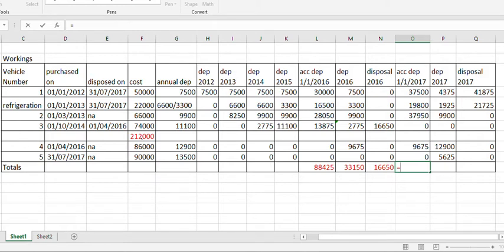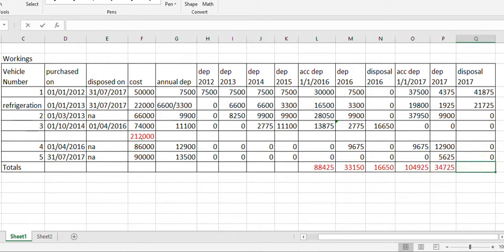The accumulated depreciation at the beginning of 2017 will be this figure here, 104,925. The depreciation for 2017 will be this figure here, and you'll see this figure here is worth a lot of marks. I'll show you in a second, 34725.